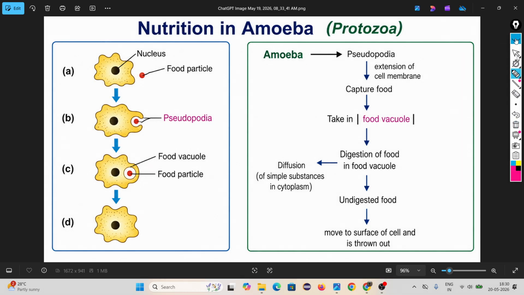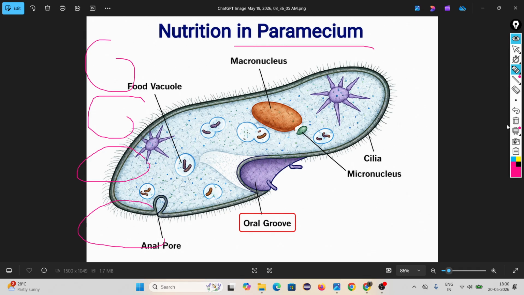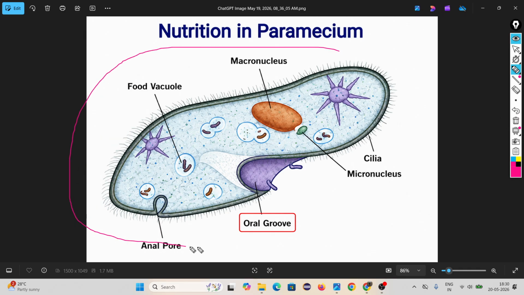But you remember that is not happening with the paramecium. Paramecium body structure is fixed. Look here, it has one opening called the oral groove. This is like a mouth. Whenever food is coming, they can trap the food with the help of the oral groove. This type of oral groove is not there in amoeba.